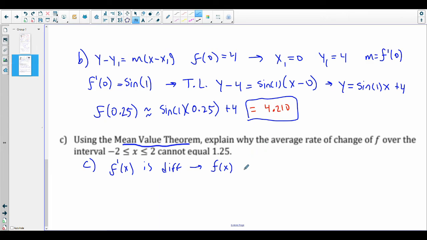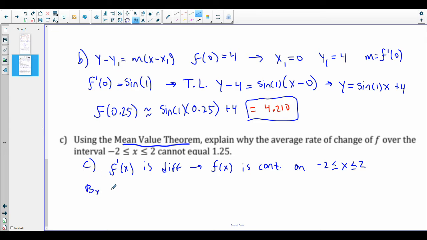So f is continuous on the closed interval from -2 to 2. So we're going to apply the mean value theorem to f from -2 to 2. We know the derivative exists. We know f is continuous.